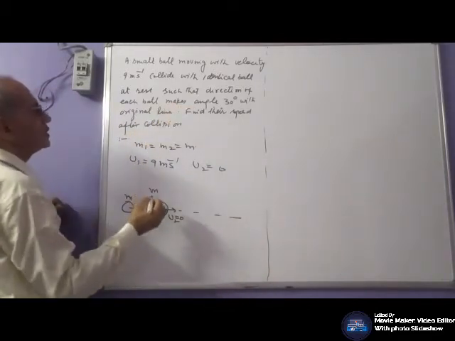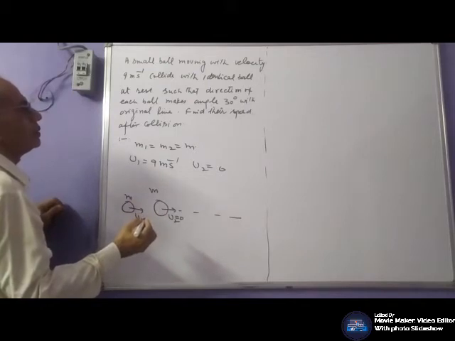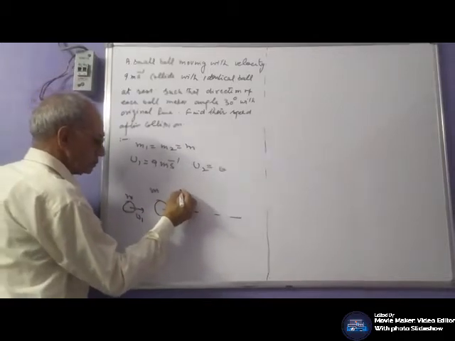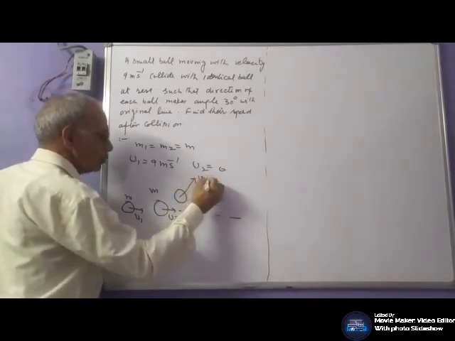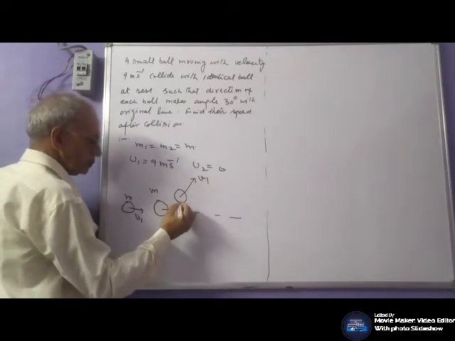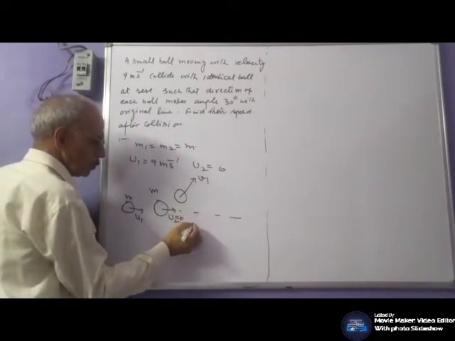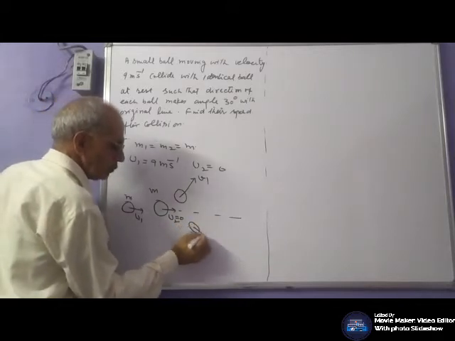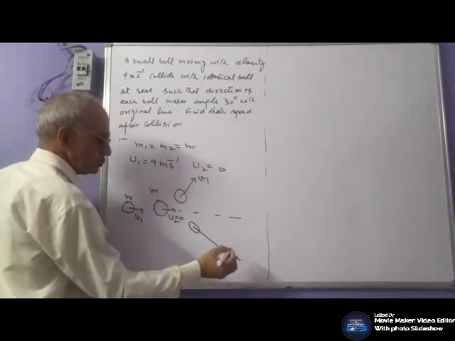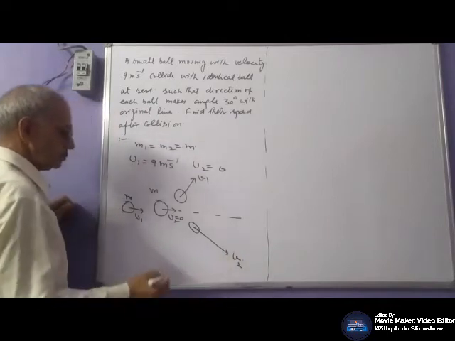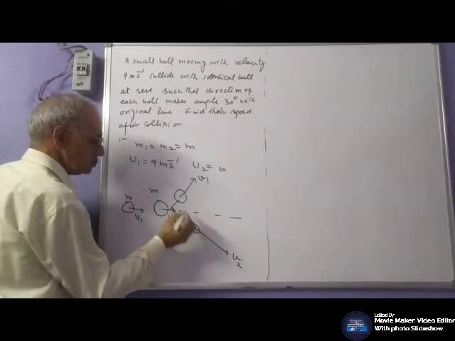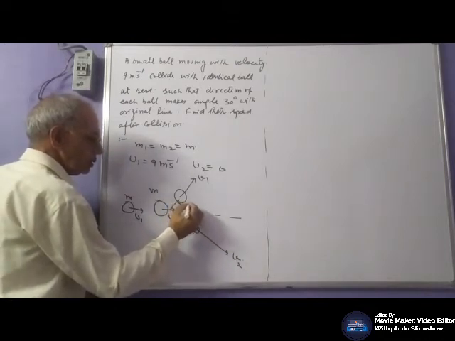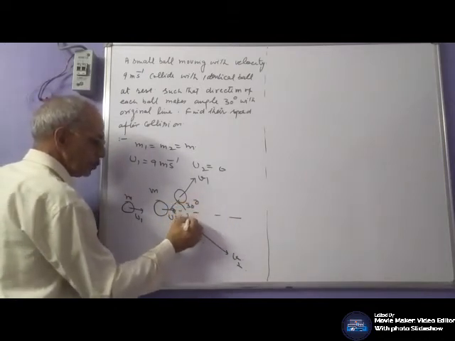Such that the direction of each ball makes 30 degrees with the original line. This is V1, and this is V2. Thirty degree.